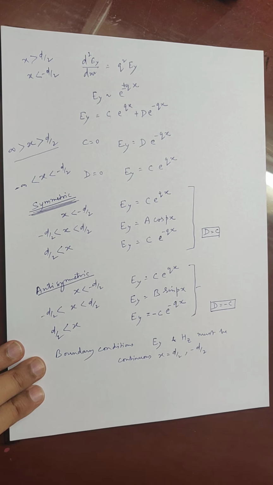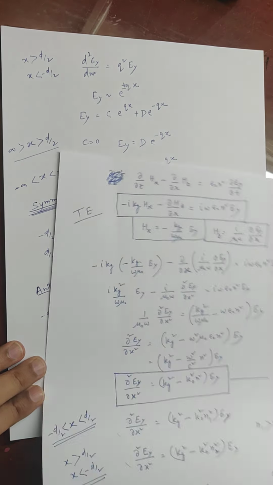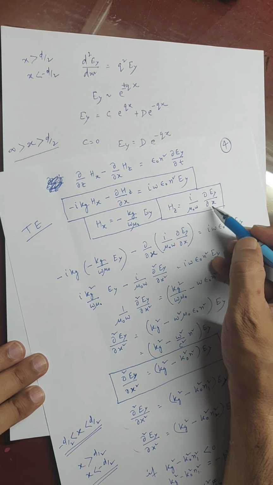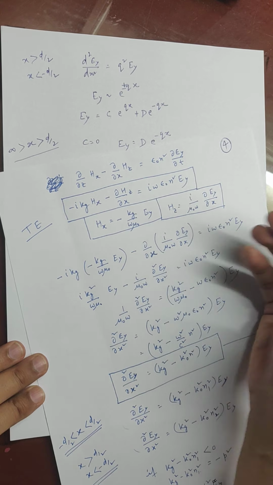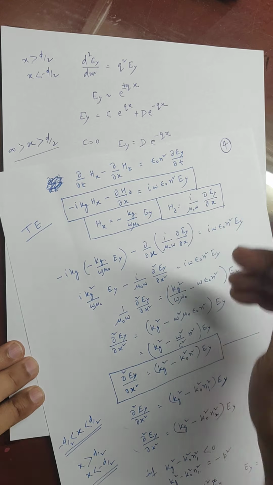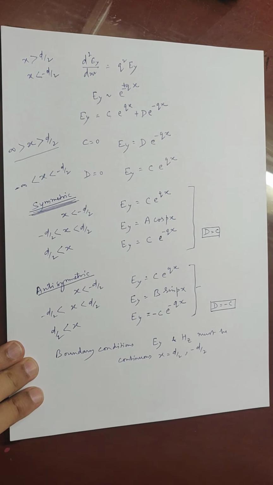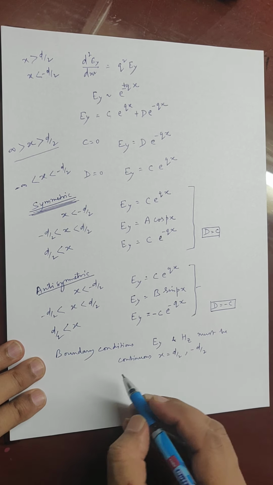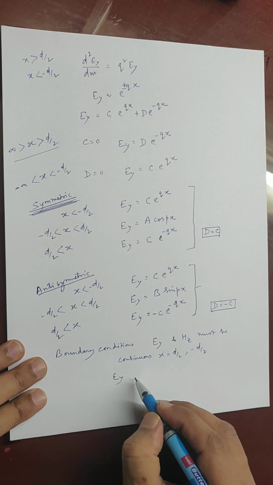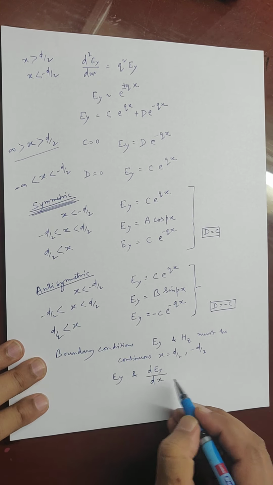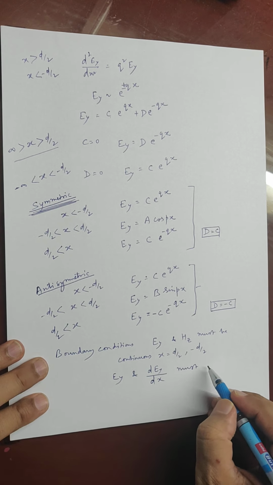And the expression for HZ, if you remember, we had already shown: HZ is related to EY by d by dx, apart from a constant factor. So if HZ is continuous, then dEY by dx would also be continuous, which means that instead of saying that EY and HZ should be continuous, we can also say that EY and dEY by dx must be continuous.